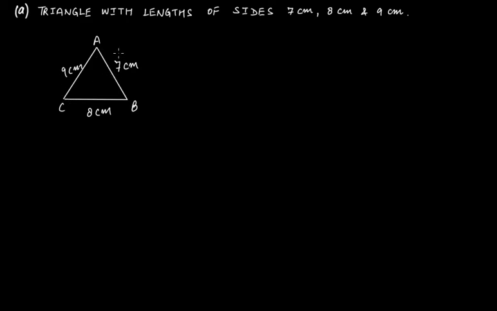Doesn't matter which value you assign to these three sides. Therefore, none of these three sides are equal. Therefore, it is a scalene triangle, because a scalene triangle is the one which has none of the sides equal.